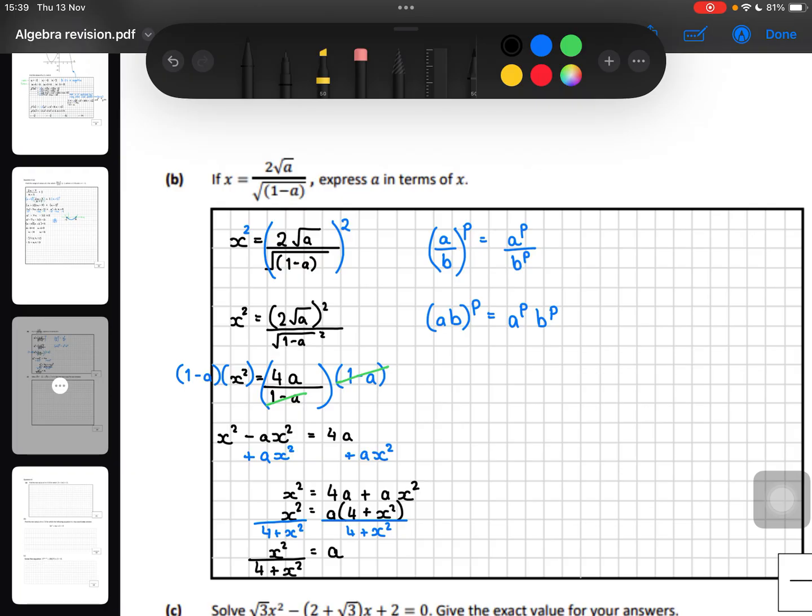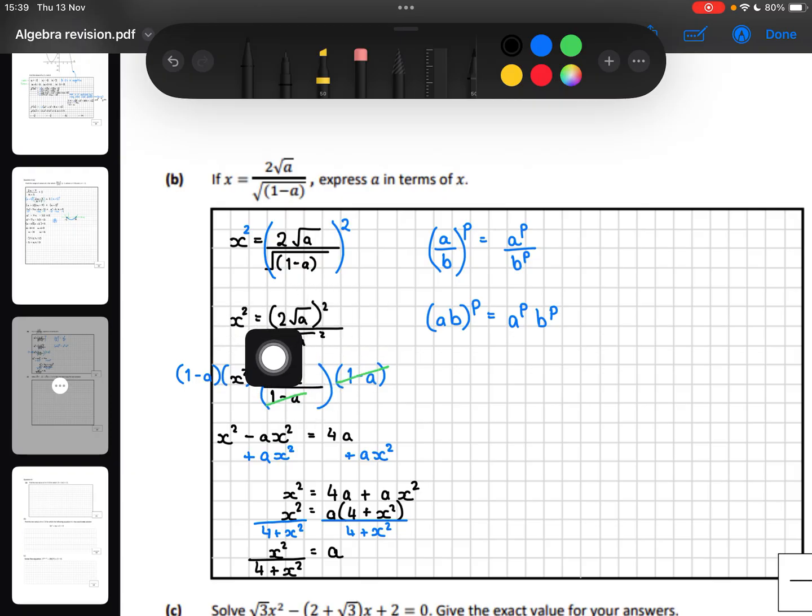Now, if when you are doing this out, if you start and you get some of these squared out correctly, okay, only some of them, then you can still get 4 out of 10 marks. But you have to recognize there that you're going to start squaring, and you have to get some of them squared out correctly. Okay, so maybe the 1 minus a out correctly, or the 4 out correctly.